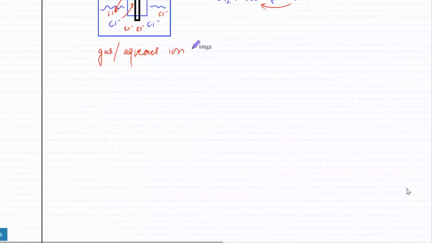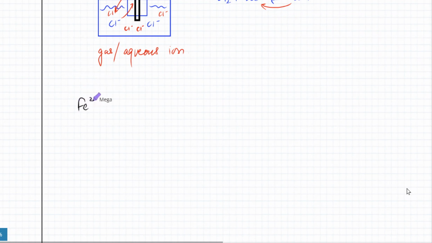The third type of electrode is, what if you have aqueous ions only? What if I want to figure out this relationship? I've got Fe3+. Does it like to gain electrons and form Fe2+?